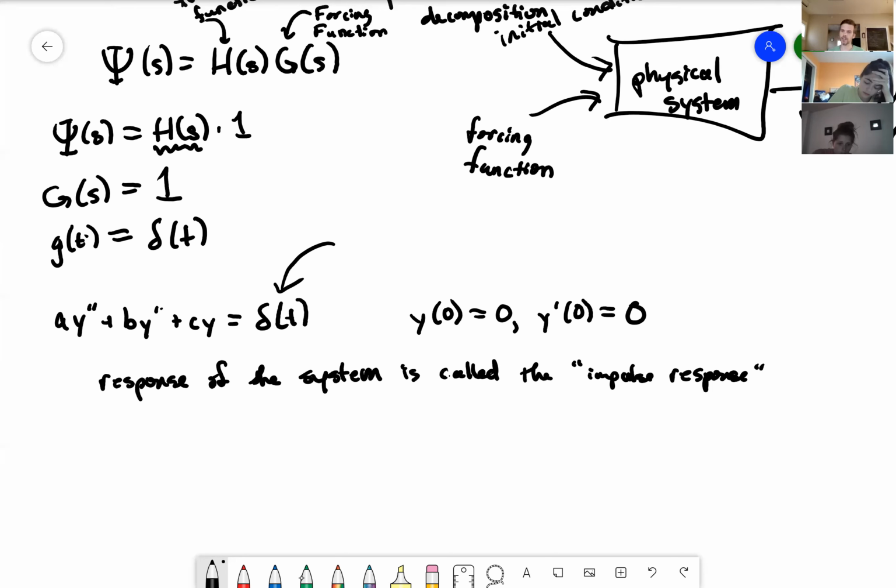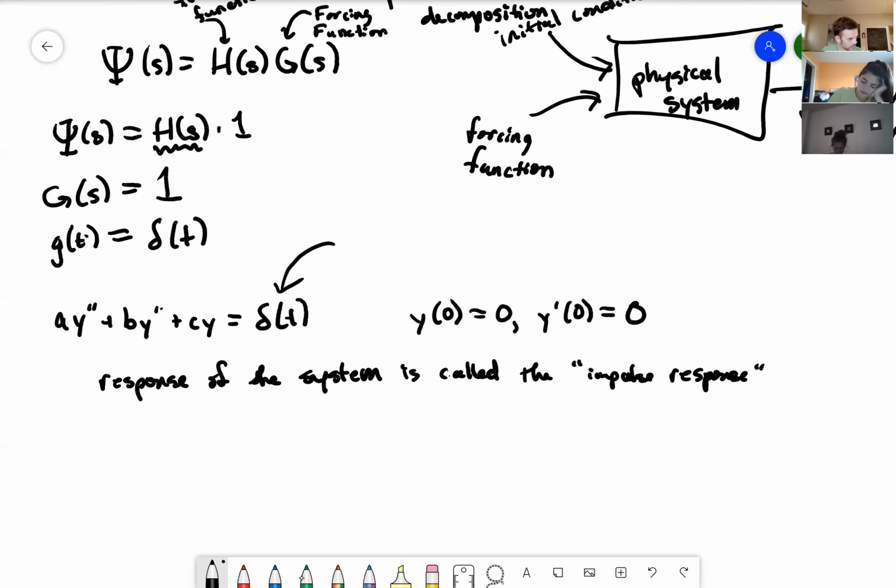We take a hammer and we hit the bell. One quick strike applies a certain amount of impulse, and it applies it basically instantaneously, so it's well modeled by the Dirac delta function. And then the ringing of the bell is the response of the system. That tells us something about physical properties. So that's how we think about this.